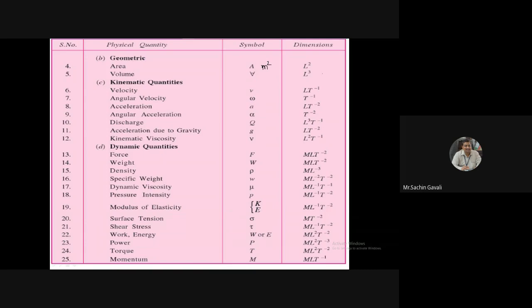We will write it in this format: M raised to 0, L raised to 2, and T raised to 0. So this way we'll write each and every quantity in MLT form: mass raised to 0, L raised to 2, T raised to 0.